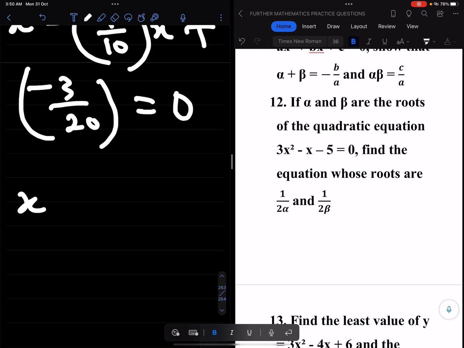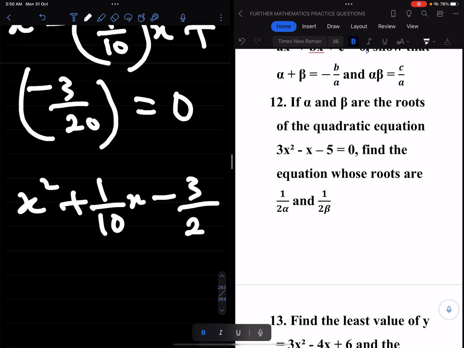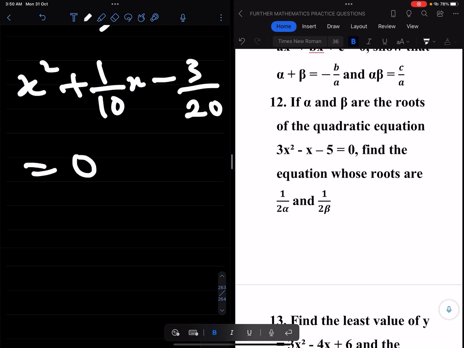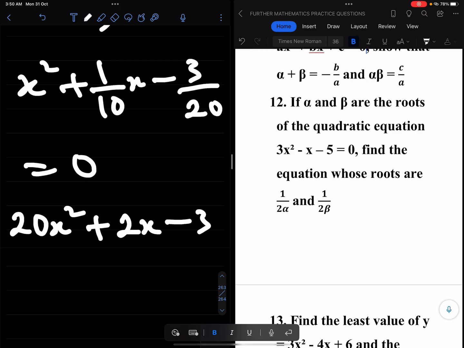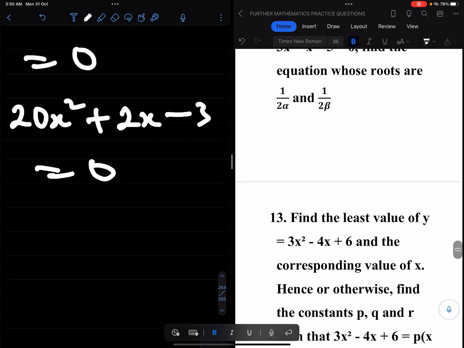And this simply means x squared plus 1 over 10 x minus 3 over 20 equals 0. Now to clear the fractions, I'm multiplying through by the LCM of the denominators, and that's 20. So that will be 20x squared plus 2x minus 3 equals 0. That's the equation whose roots are 1 over 2 alpha and 1 over 2 beta.